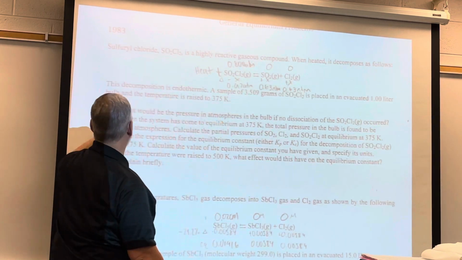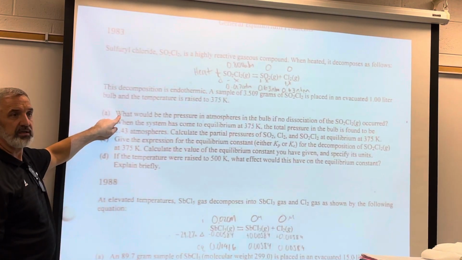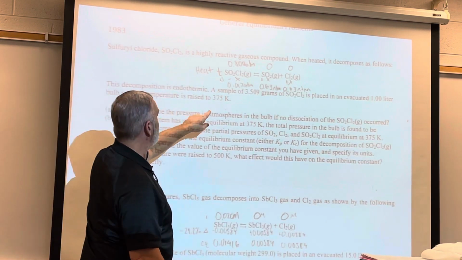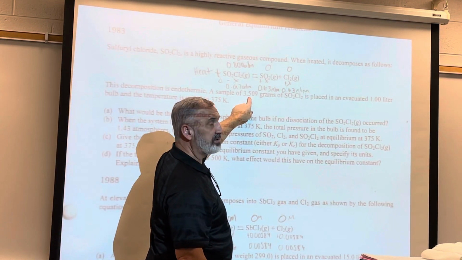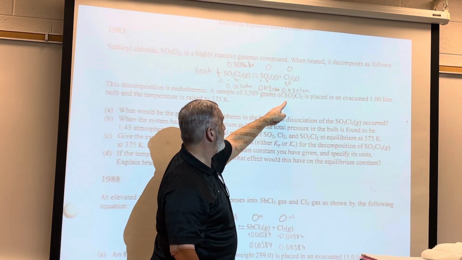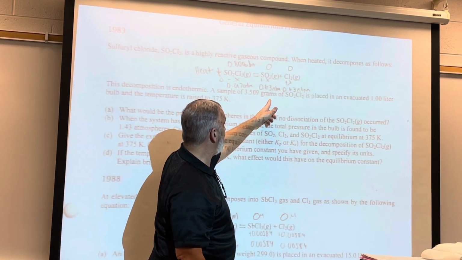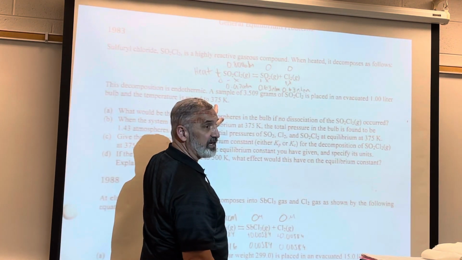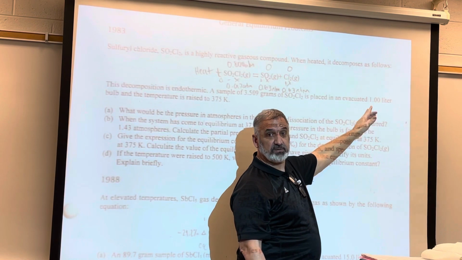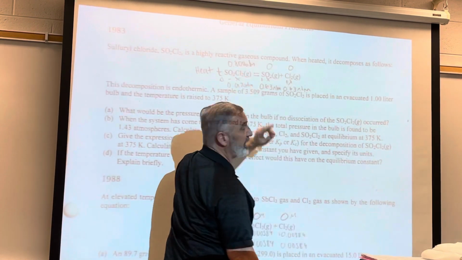This came from part A. You have this many grams, divide by the molar mass to get moles. Okay, and we know R, the temperature is 375, divided by the volume, 1 liter. So we get the pressure, which came out to 0.8 atmospheres.